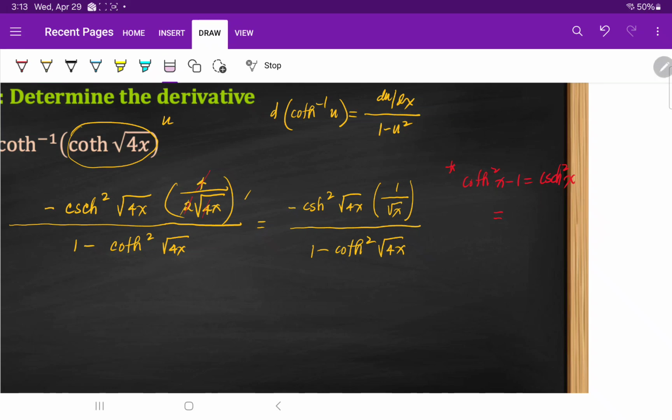So if we multiply both sides by negative 1, this becomes negative, we multiply this by negative 1 also. So the result is 1 minus hyperbolic cotangent square x is negative hyperbolic cosecant square x. Okay?